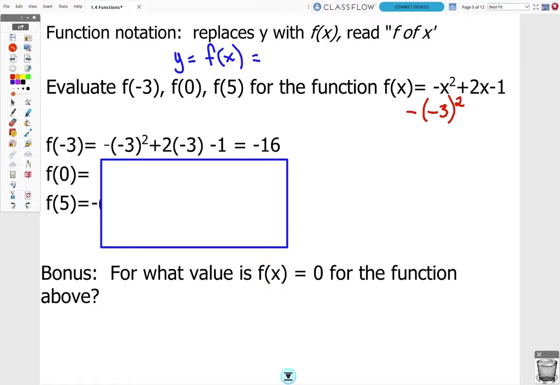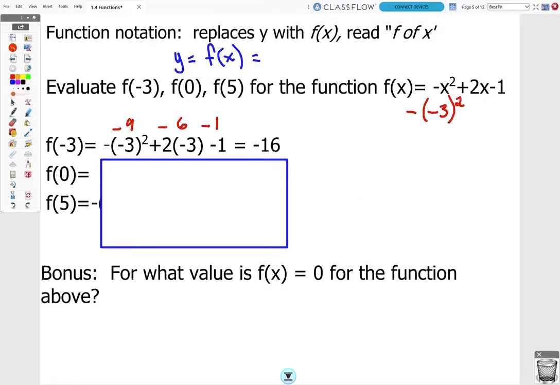No, because the negative gets squared and then it comes back. So then it becomes -9. If any mistakes were made, this is where they would have happened. This becomes -9, and then this one is -6, and then this one right here is -1. And that's where we get the -16 as your final answer.